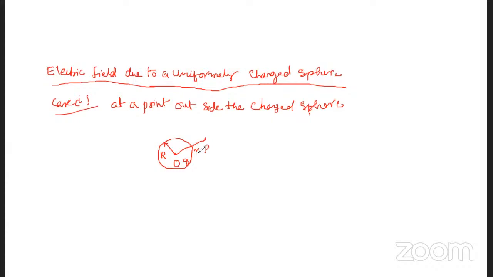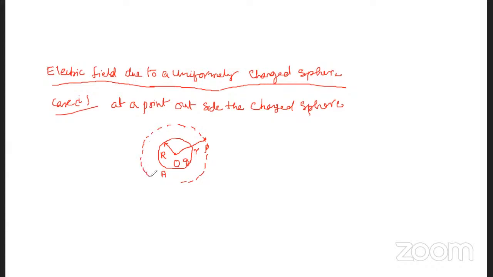At this point, we have to calculate the electric field E. For this purpose, we construct a Gaussian surface of radius small r, that is OP, which is a concentric sphere with the sphere A we considered. We draw it with dotted lines passing through the point P and around the sphere.